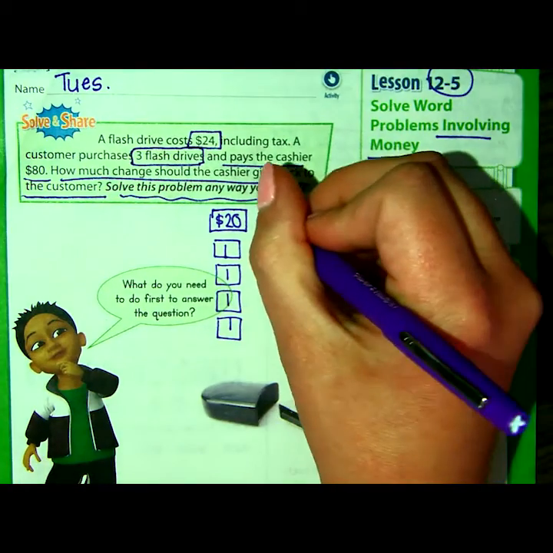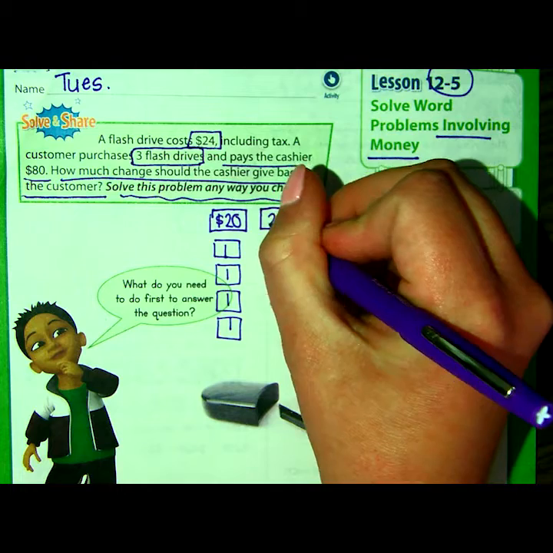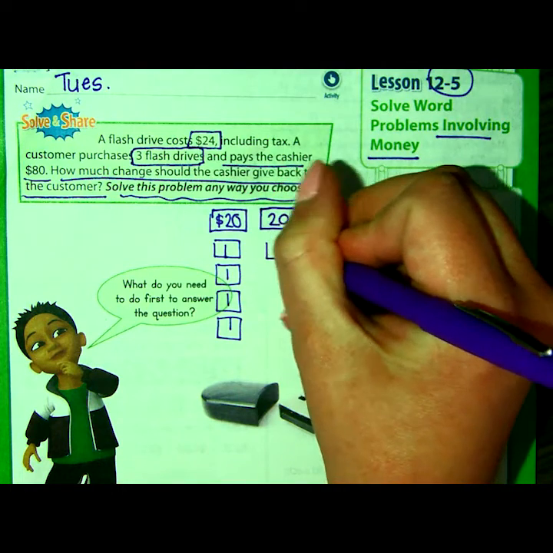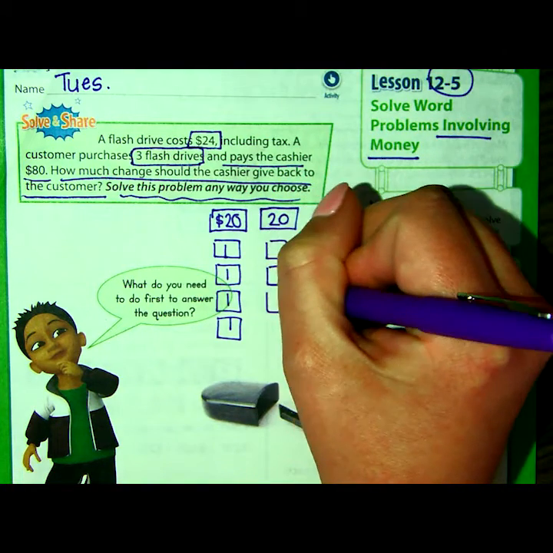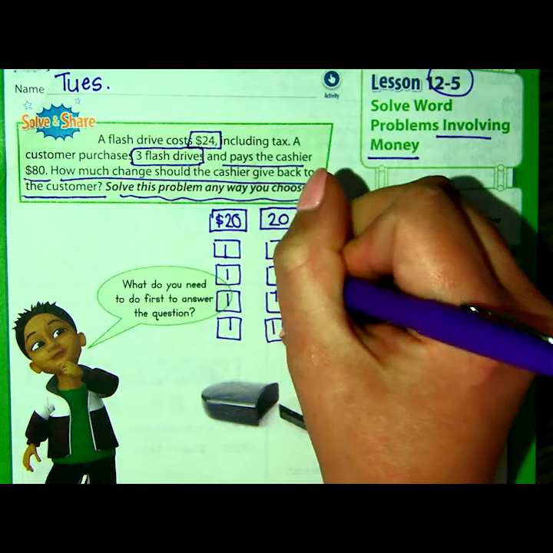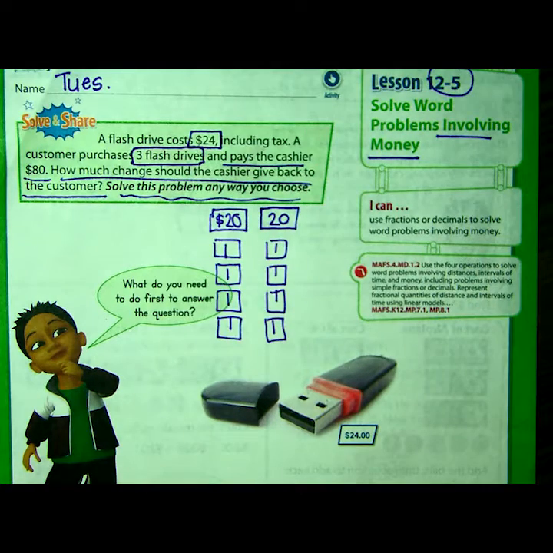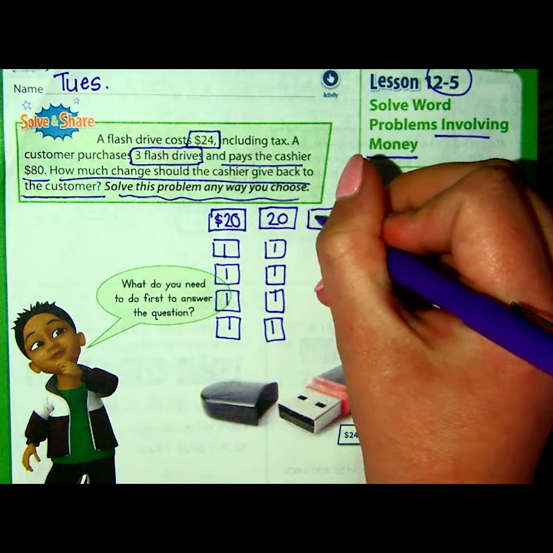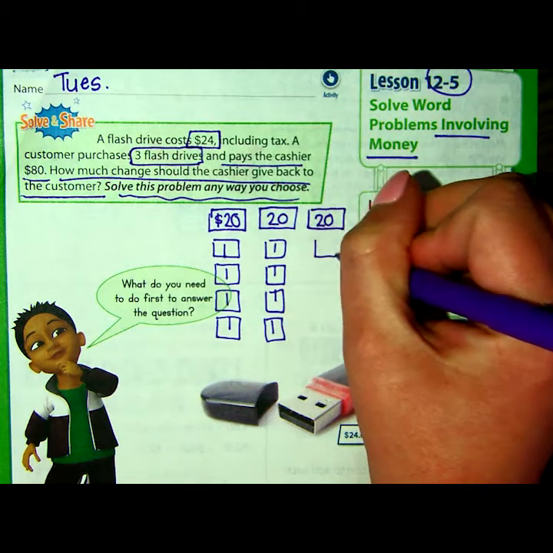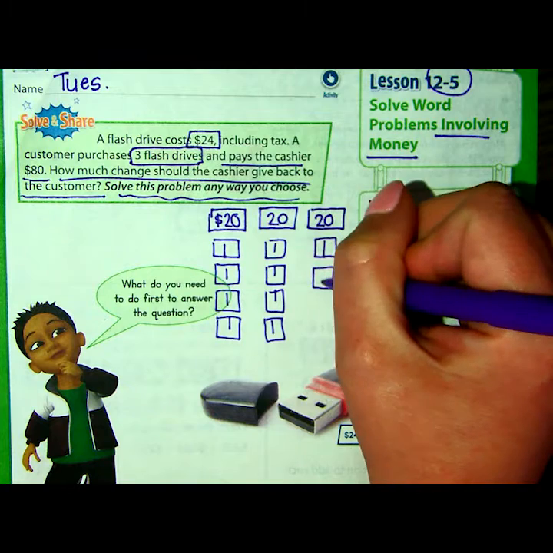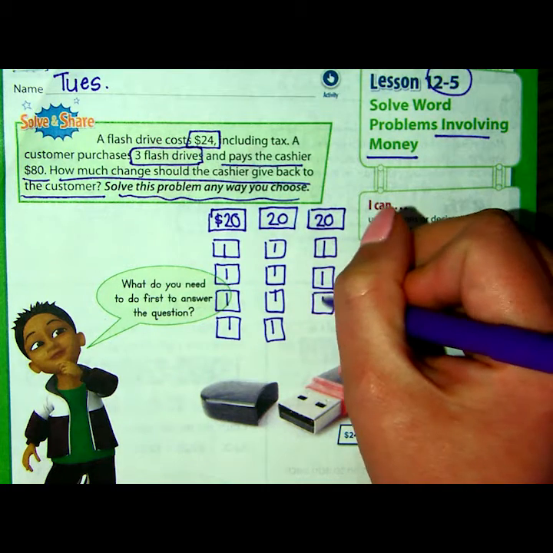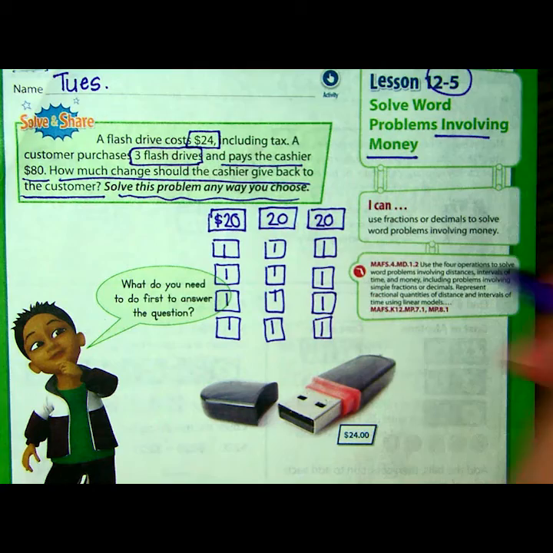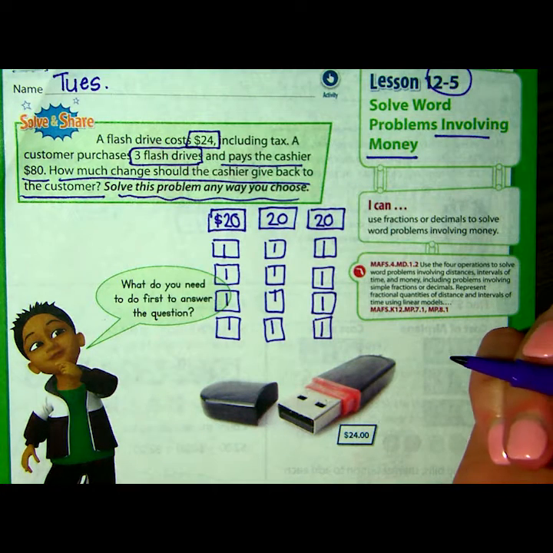So that's 1, and then we have our 20 for flash drive number 2 with our 1, 2, 3, 4 ones to make up the $24. And then over here, we have another $20 bill for flash drive number 3, and then our 4 ones. 1, 2, 3, and 4.